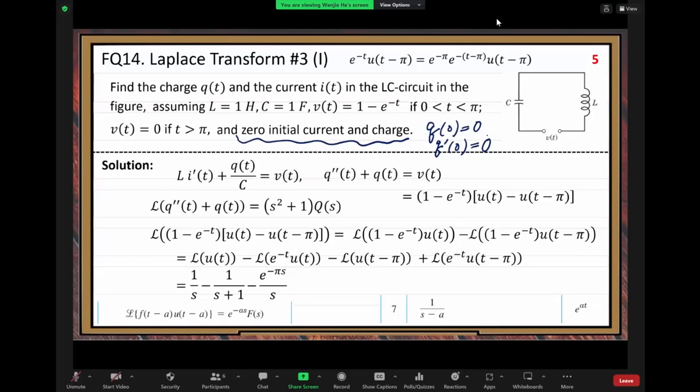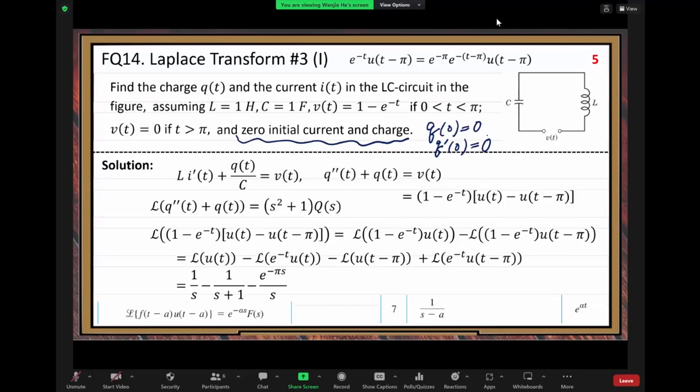Recall what we did in the first half. In the first half, we spent a lot of time on sine t squared. Can you do a similar thing? Because here the shift is different.